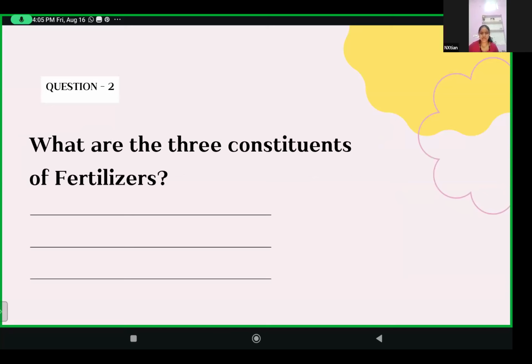What are the 3 constituents of fertilizers? Three things that are found in fertilizers. Come on, guys, try it.